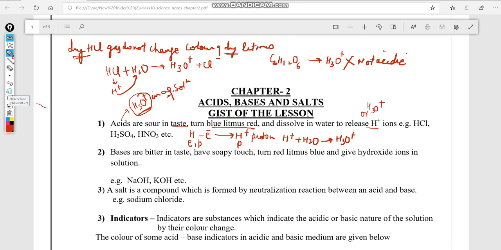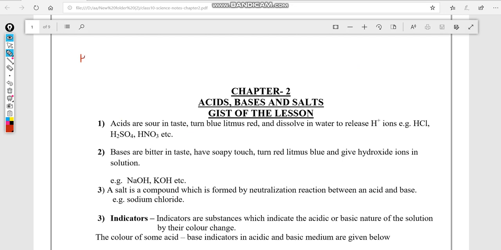Next, beta. Aqueous solution of HCl or acid is a good conductor of electricity. Why is it a good conductor? Due to the presence of ions. These ions are responsible for conductivity.